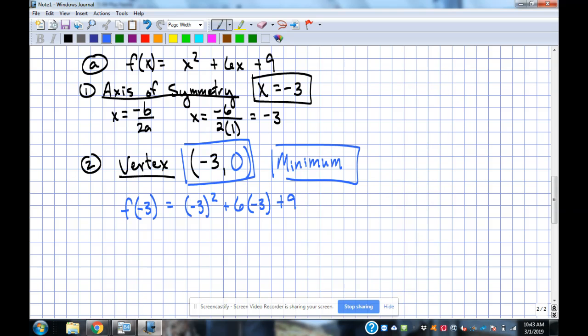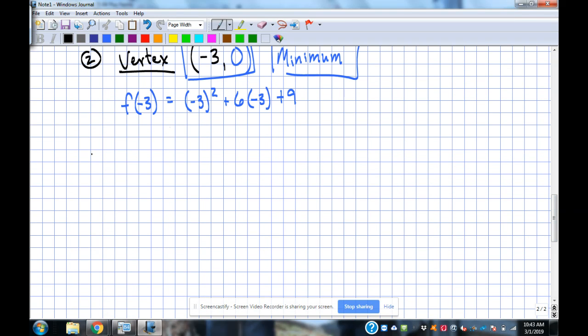All right, the next thing that we would find would be the X-intercepts. That's something we just finished doing, solving the quadratic. So for the X-intercepts, we're taking x squared plus 6x plus 9 and setting it equal to 0.